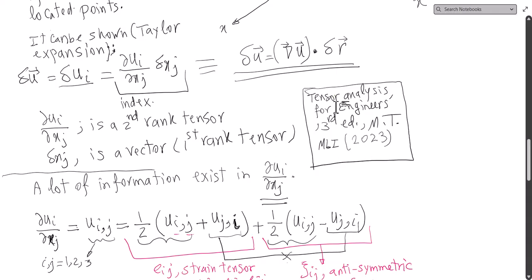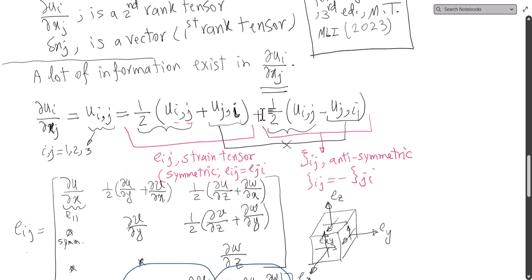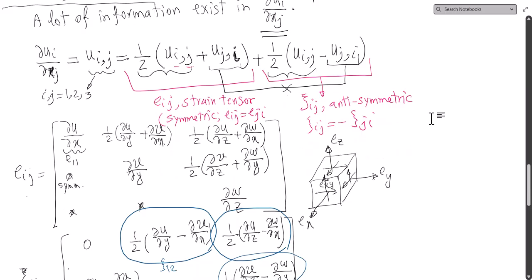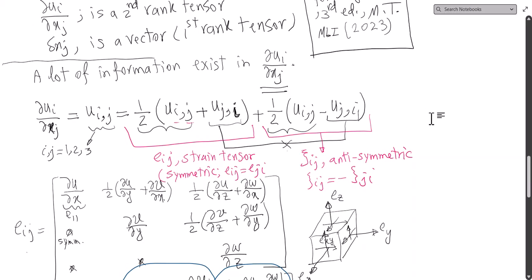I extensively describe there, with some examples, tensor notation and the gradient. I also mention that the gradient of a vector in different coordinates will have a different form. That's extra information there. But here we are considering just Cartesian coordinates for demonstrating this vorticity.